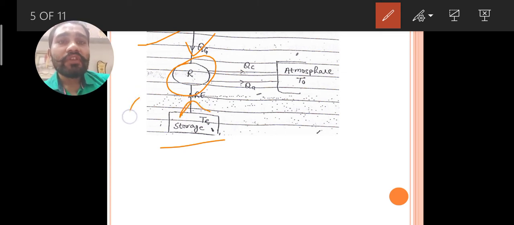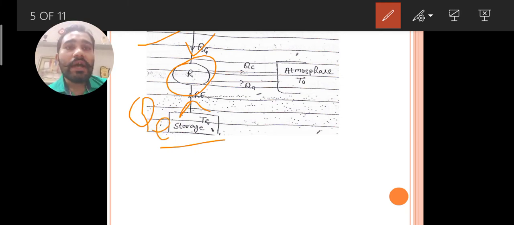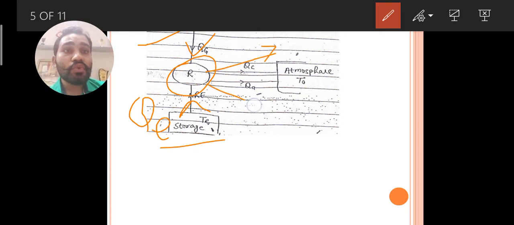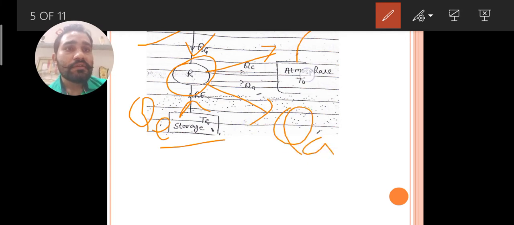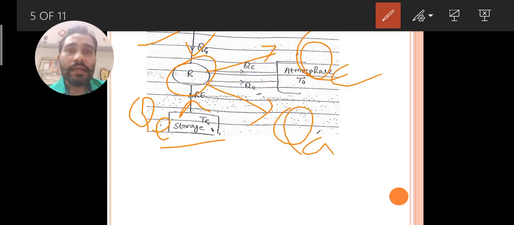RE, or we can also write it as Q evaporator, so QE. RE means refrigeration effect and QE means the heat supplied at the evaporator side. QC is the heat which is rejected to the atmosphere through the condenser, and QA is the heat which is rejected at the absorber side to the atmosphere.